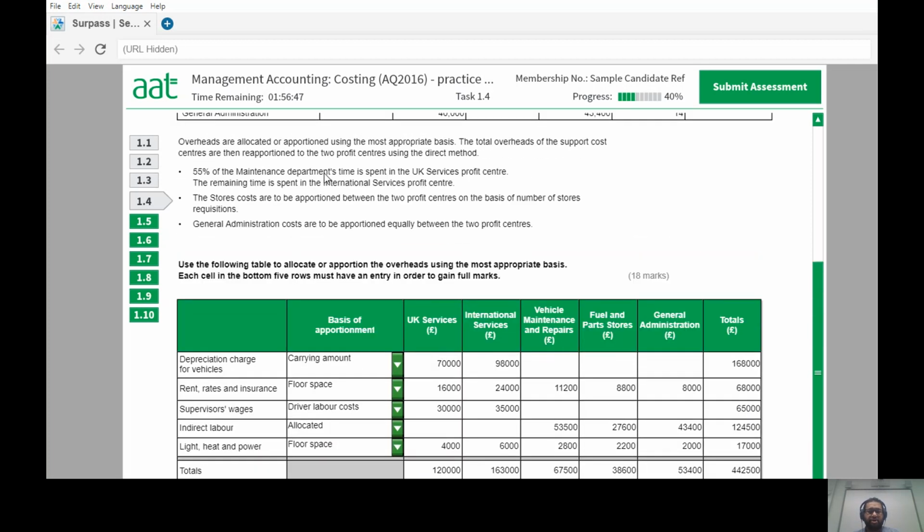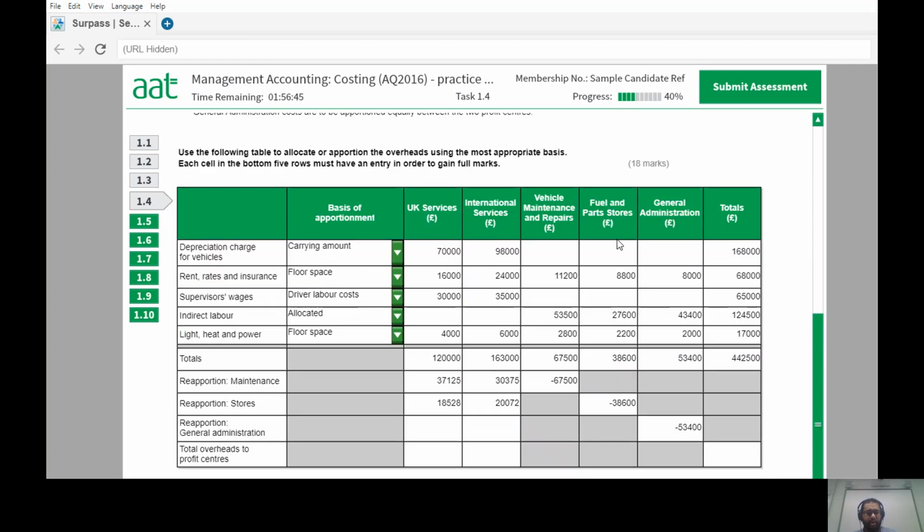The general administration, on the other hand, is going to be split equally between those two profit centers. Divide by 2, 26,700. 26,700. Now let's add all of these together and see whether we have the right amount. 120,000, 37,125 plus 18,528 plus 26,700.